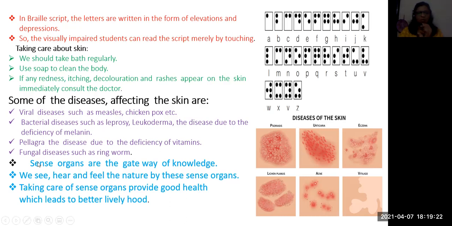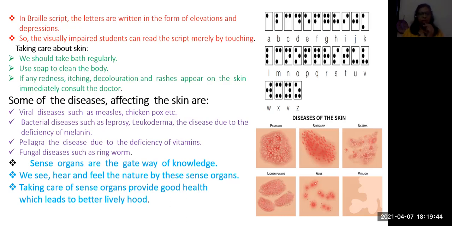Pellagra. Fungal diseases like ringworms. Those give itching and pain at the finger corners, even the toe corners, even the sole, that means the feet down. If you move mostly in the water and all, you will get these fungal diseases.